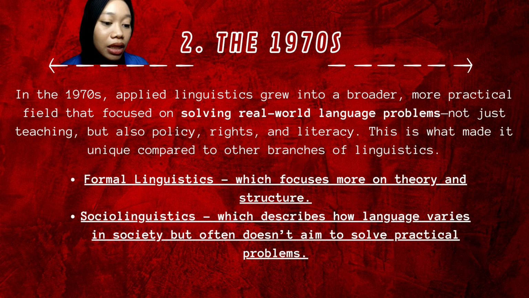This is what made it unique compared to other branches of linguistics in the 1970s: formal linguistics, which focuses more on theory and structure, and sociolinguistics, which describes how language varies in society but often doesn't aim to solve practical problems.